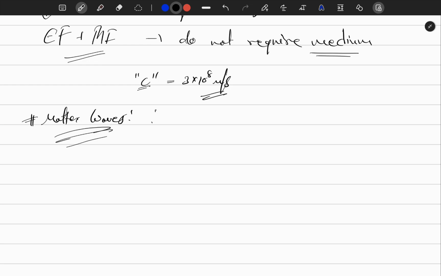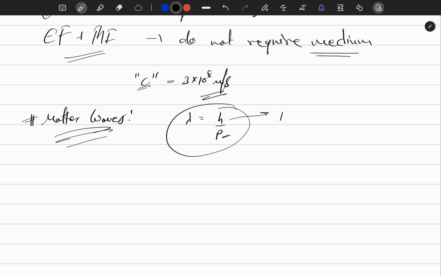Matter waves. Small or atomic particles exhibit wave properties under certain conditions, and the laws of quantum mechanics govern such matter waves. According to de Broglie, every particle which has a momentum p has a wave associated with it, whose wavelength is given by this expression.